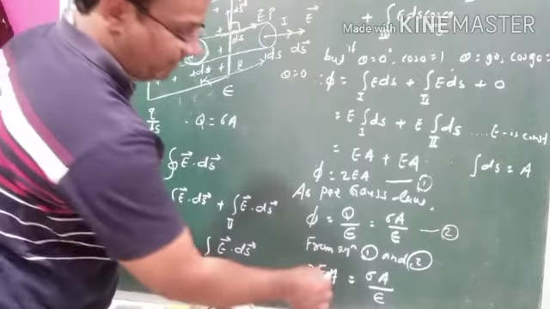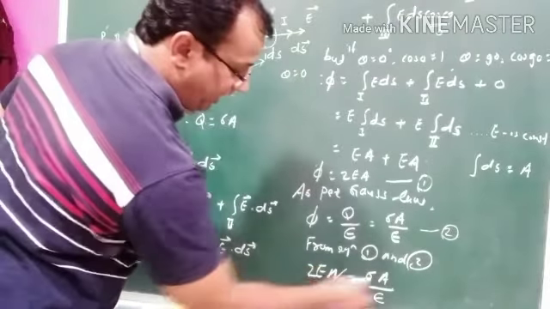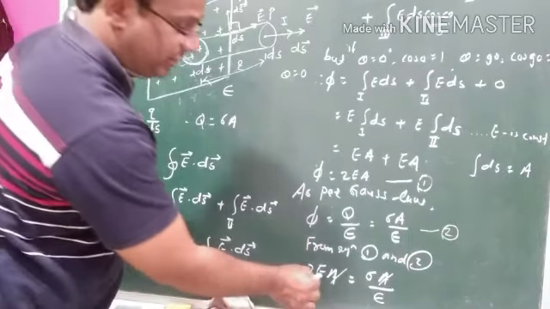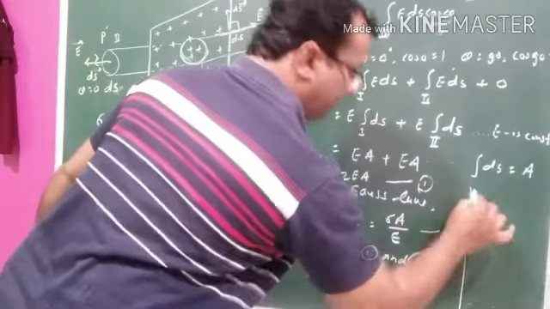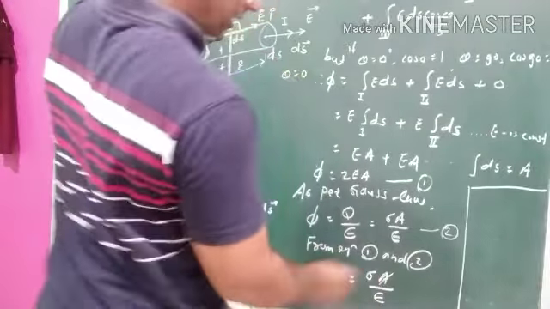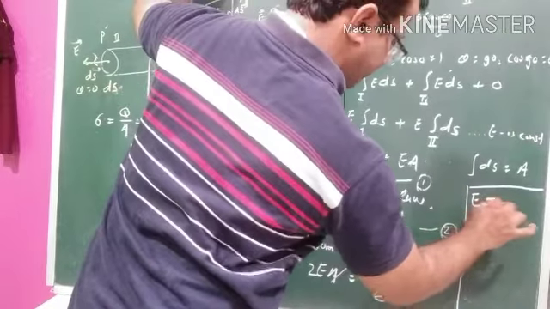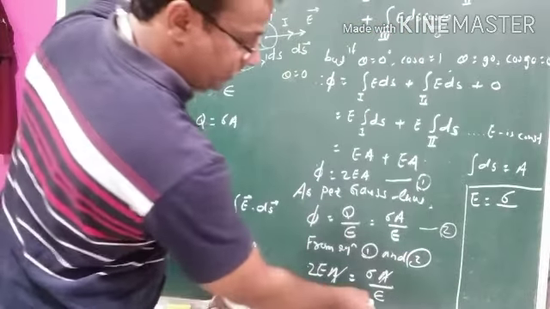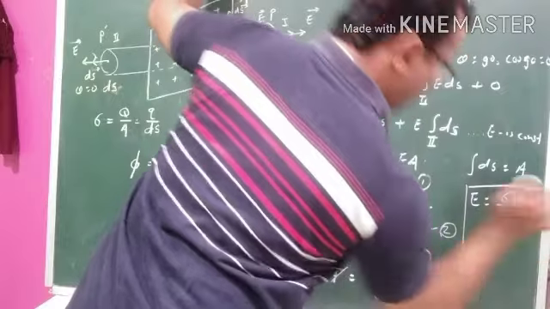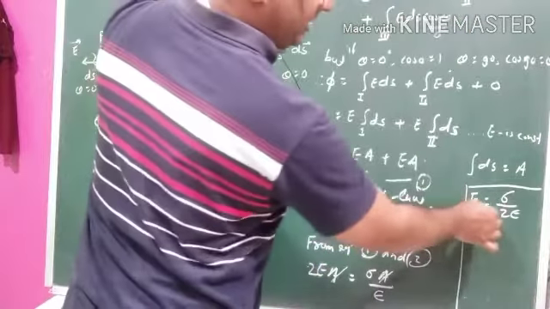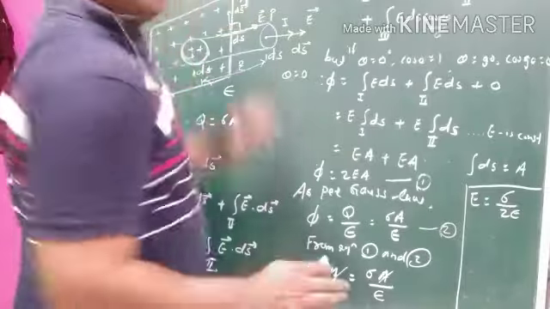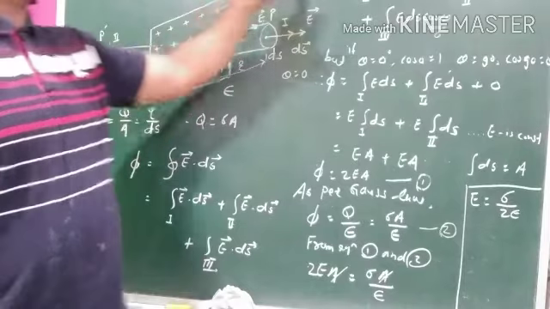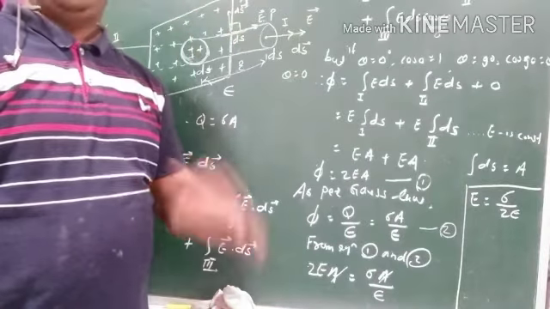Here on both sides we have A, so that A gets cancelled. Now we want to find the value of electric field intensity, so rearranging this, finally E is equal to sigma upon, transferring the 2 to this side, 2 epsilon. That is, E is equal to sigma upon 2 epsilon. This is the value of electric field intensity due to a charged infinite plane sheet.